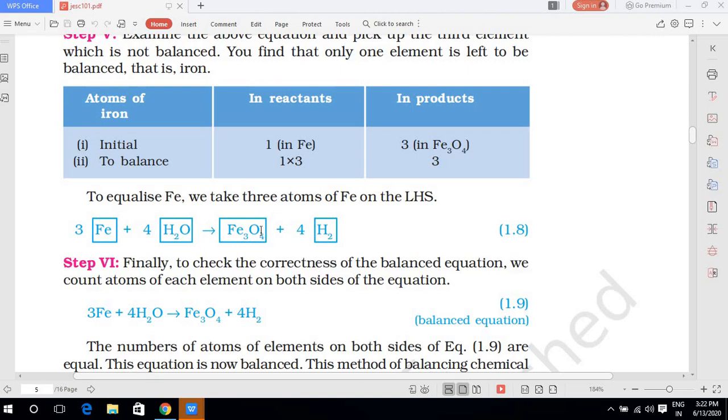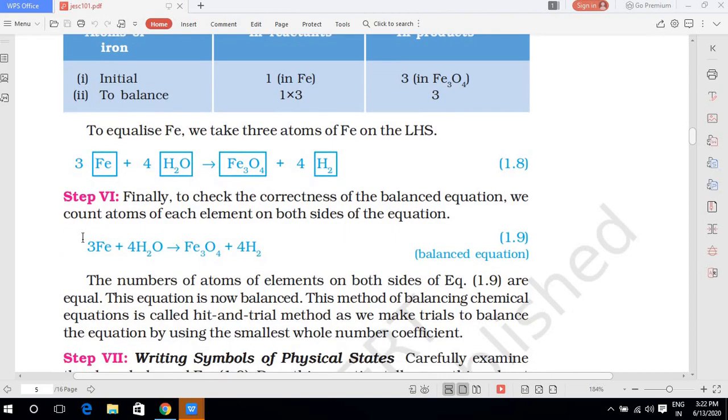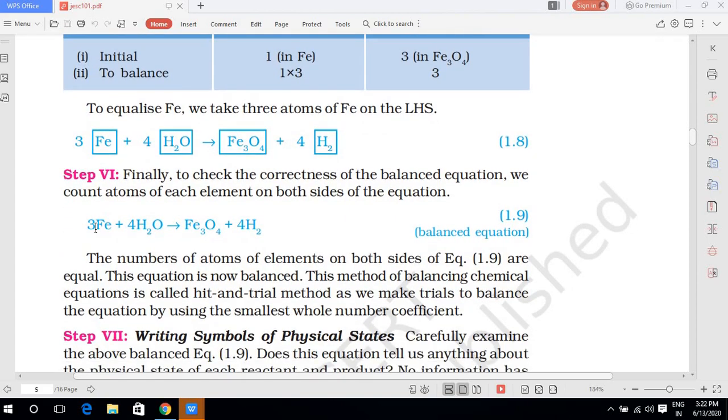It will look like this. Before we added 4, and after that we added 4 again on the right hand side for the hydrogen, and the last one we added 3 here for the iron. It will look like this: 3 Fe plus 4 H2O water.